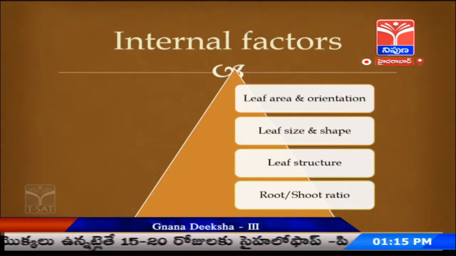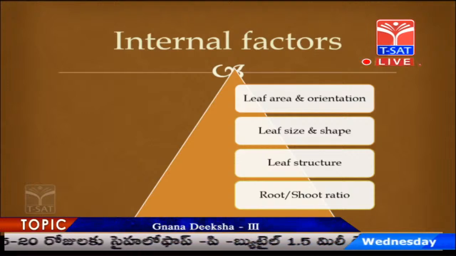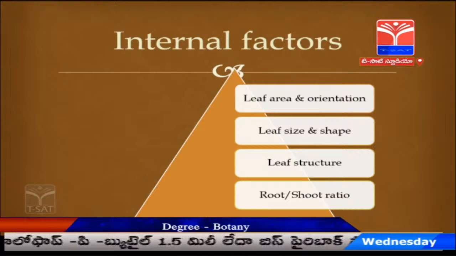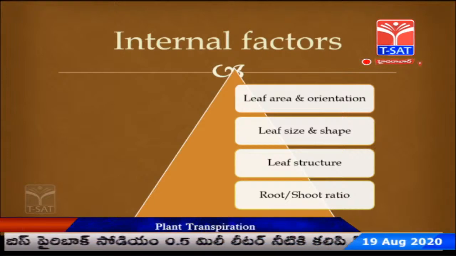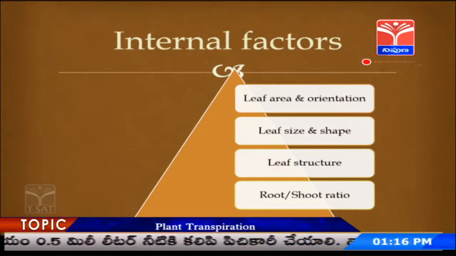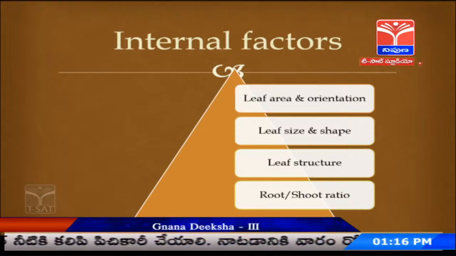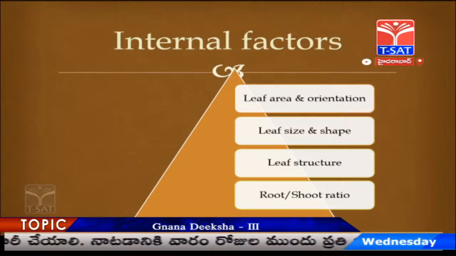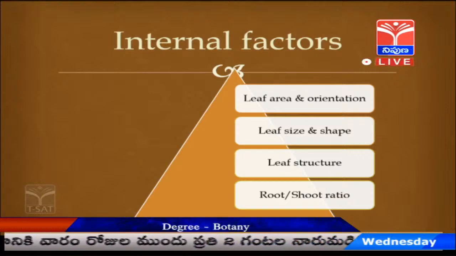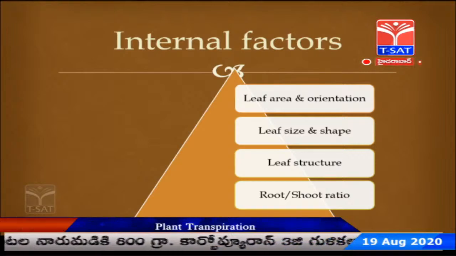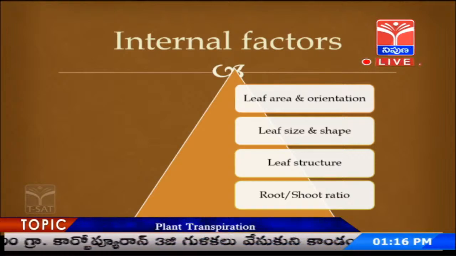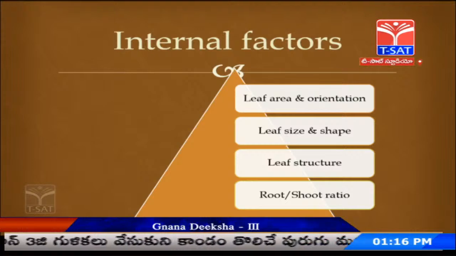And the leaf structure also matters: if you observe a xerophytic plant, you find that it usually has a very thick cuticle and epidermis, and the stomata are sunken in nature. You find modifications according to the xeromorphic conditions. If you compare it with a normal leaf structure, it is quite different. So, depending upon the type of leaf, the rate of transpiration varies.